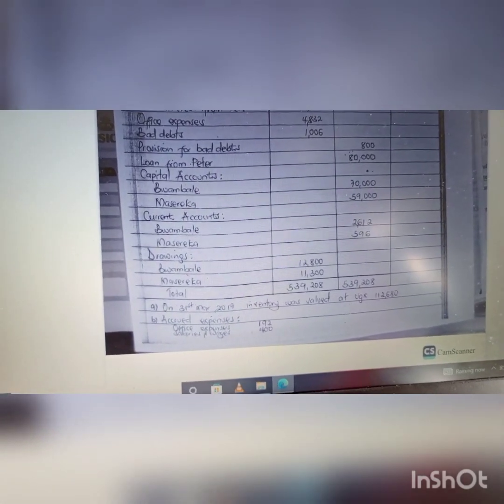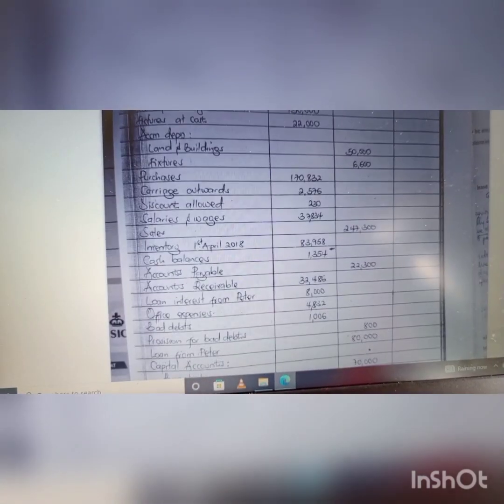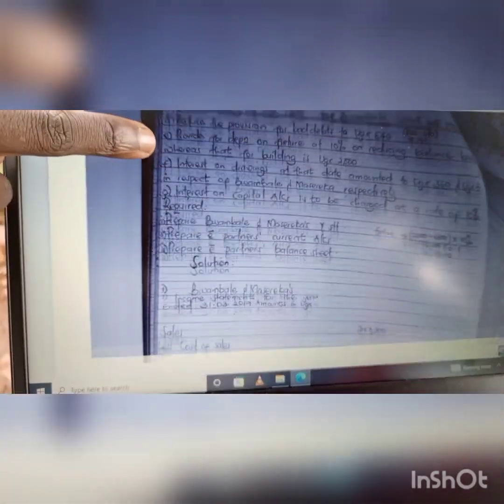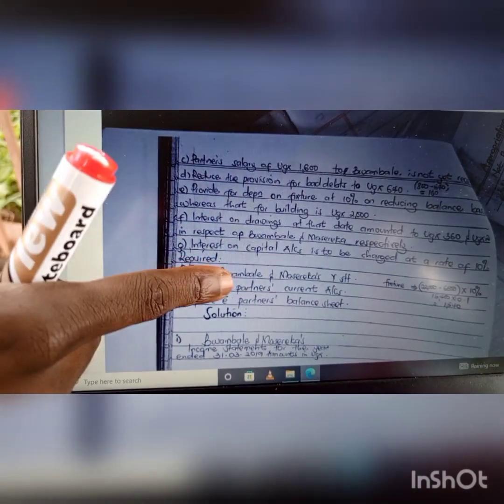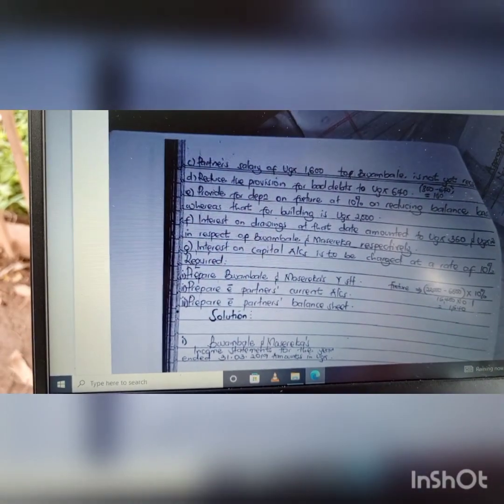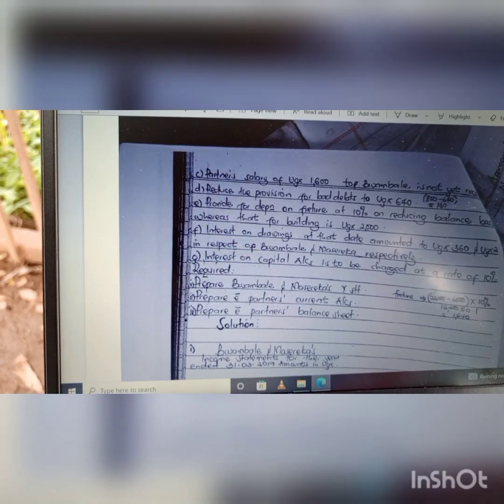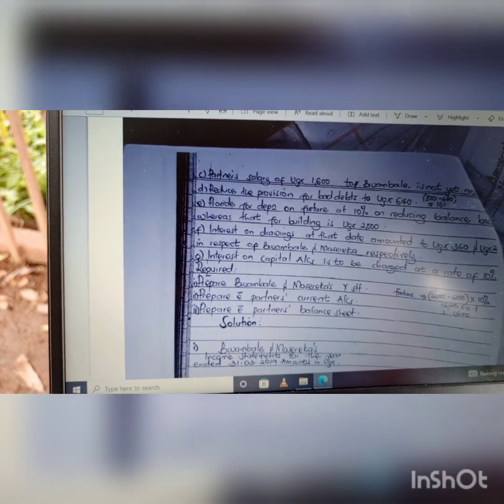Because at the end of the day, the question is reflecting, I think the last part is this one, the end part, which is showing that you are required to prepare Bwambale and Masereka's income statement, then prepare partners' current accounts, then prepare the balance sheet of the partners.